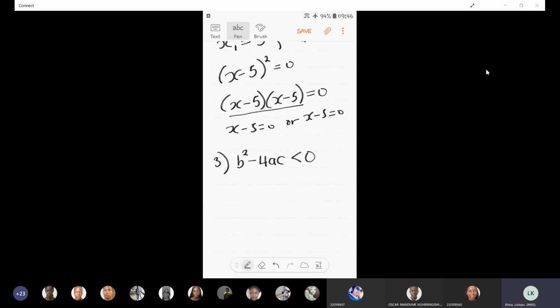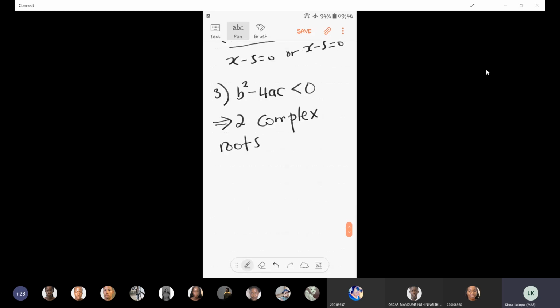And then the last case, number 3, is when your discriminant b squared minus 4ac is negative. That means it is less than 0. Now when it is less than 0, this means you have two complex roots, and these two roots are conjugates of each other.